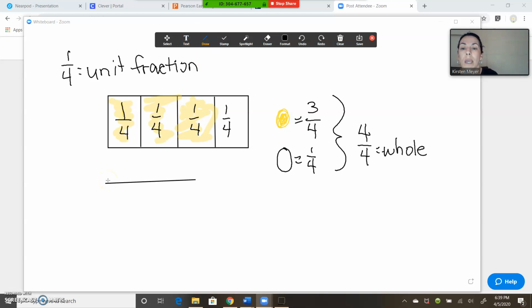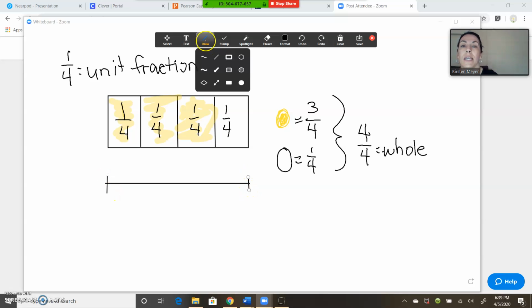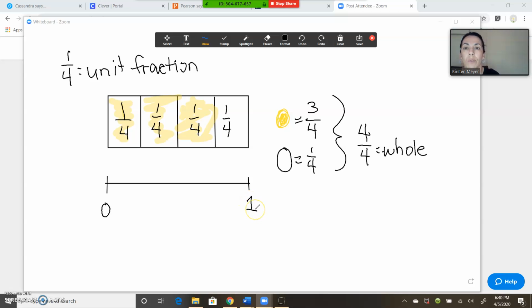We compared our model to a number line, and we know that a number line has to start and it has to end. If we didn't have any part, it would be 0, and if you had the whole thing, it would be equal to 1. Then we took the lines inside of our model and lined them up to make our tick marks on our number line.